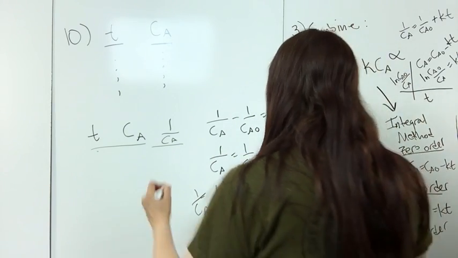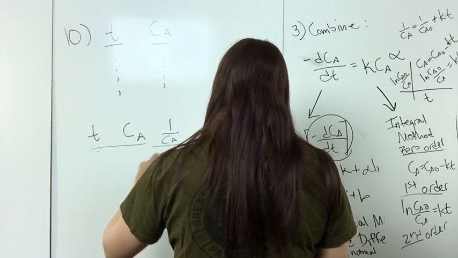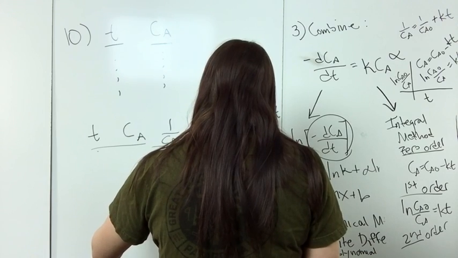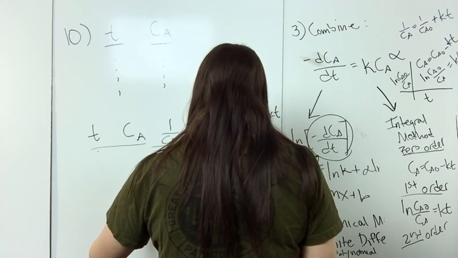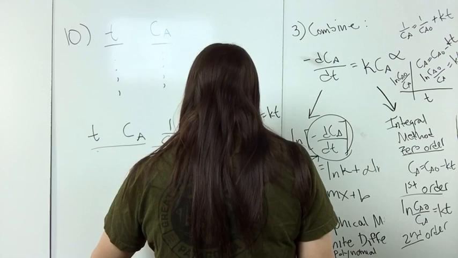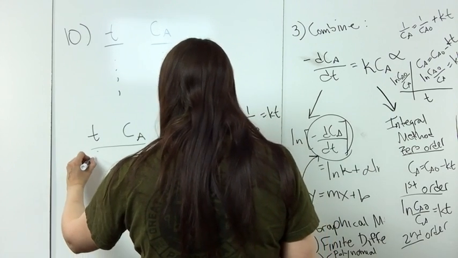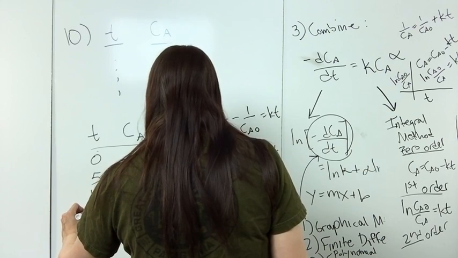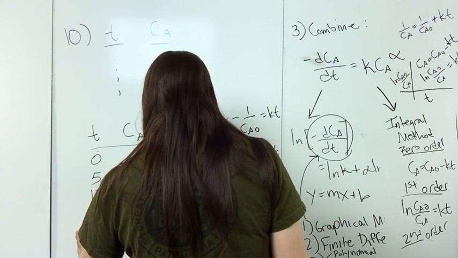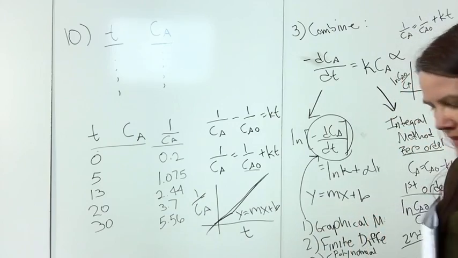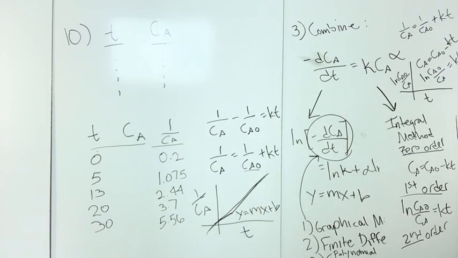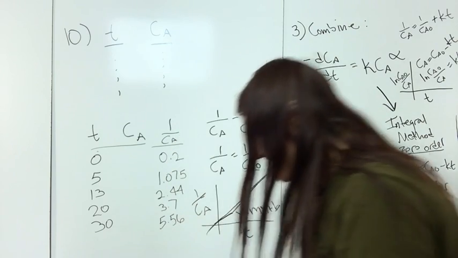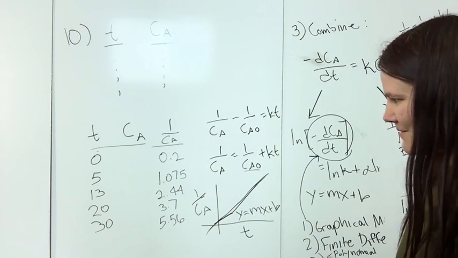So 1 over CA was 0.2, 1.075, 2.44, 3.7, 5.56. And then t was 0, 5, 13, 20, and 30.